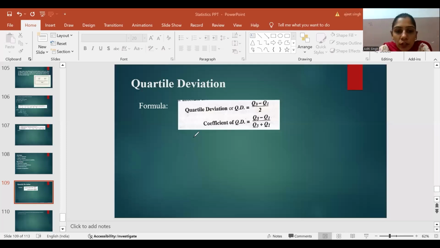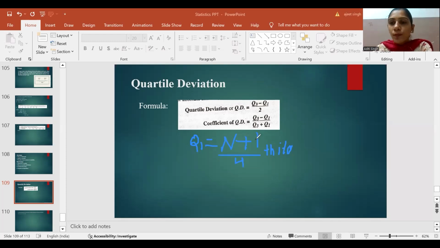The formula for calculating Q1 is the (N plus 1) divided by 4 item. We are given a series, and from that series, first of all, we have to calculate Q1.